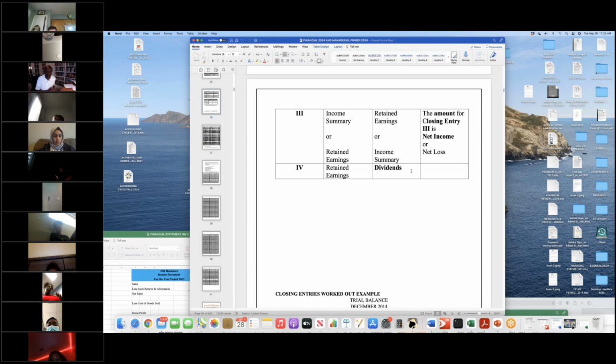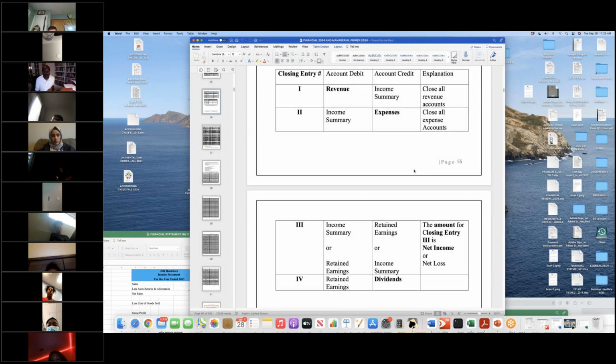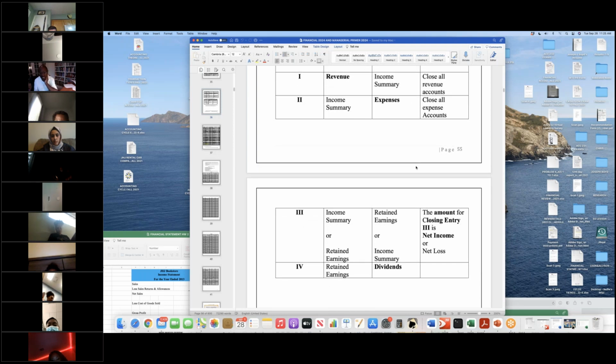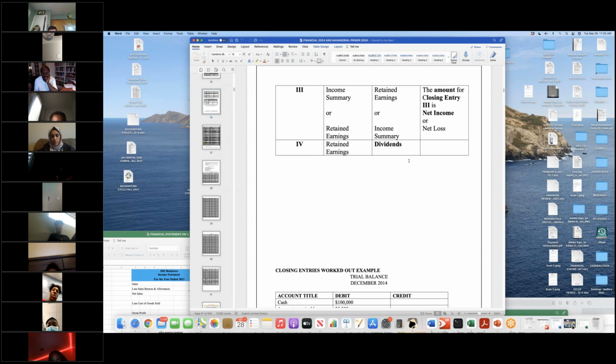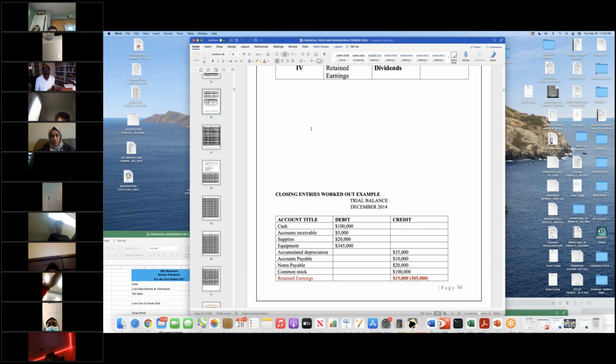I've got those on the spreadsheet, but there are 4 closing entries where we close out all of the temporary accounts, all of the accounts below retained earnings, in the retained earnings to see whether ultimately retained earnings increase or decrease. And we'll look at an example today.